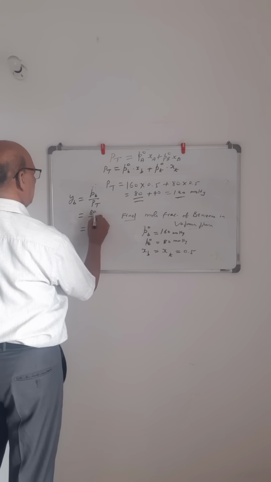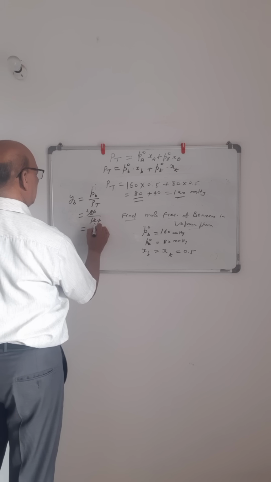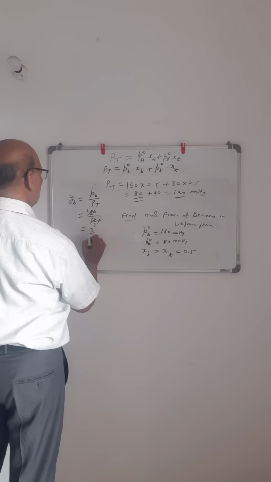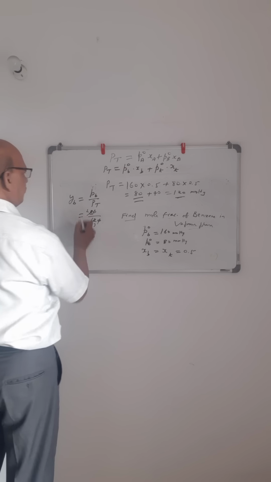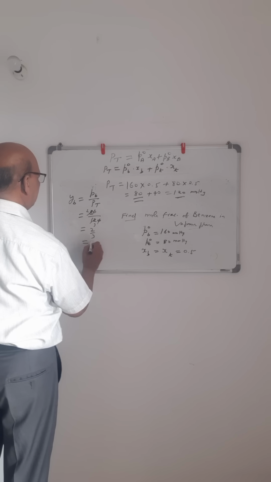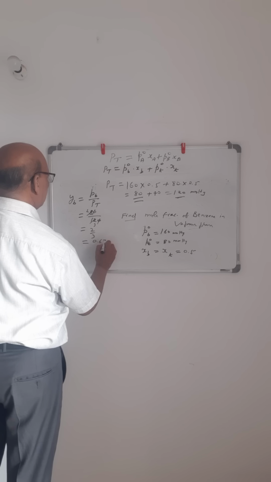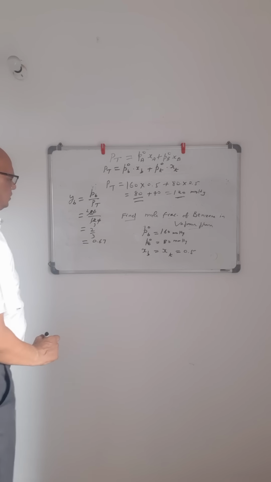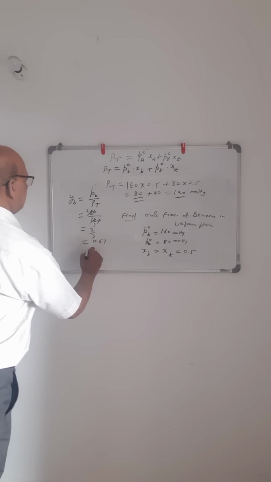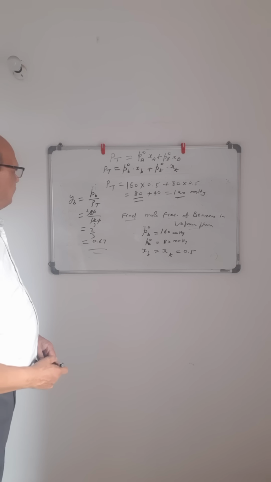So this will be 2 by 3. So the mole fraction of benzene is around 0.67. Okay, so that is the answer.